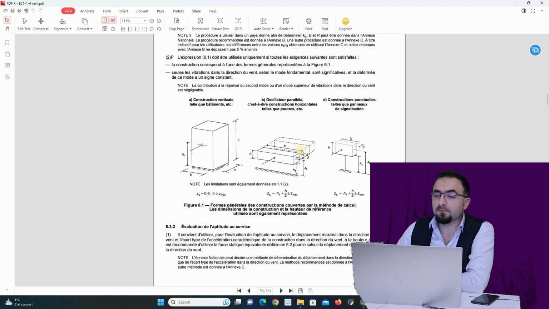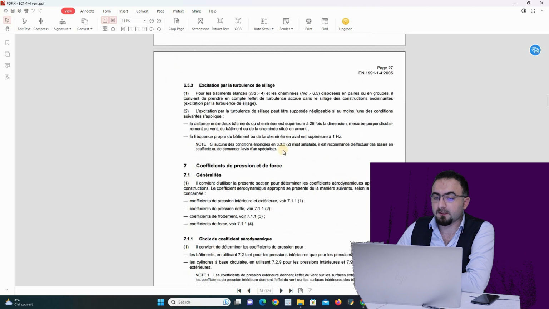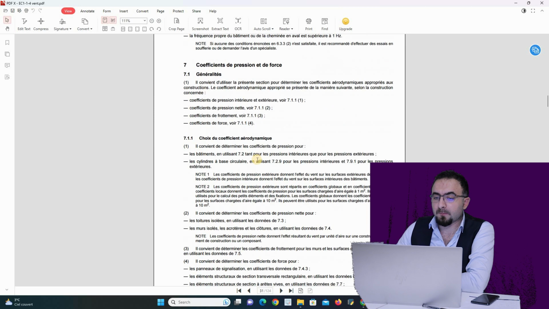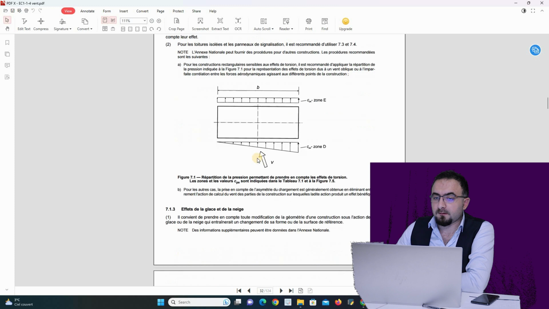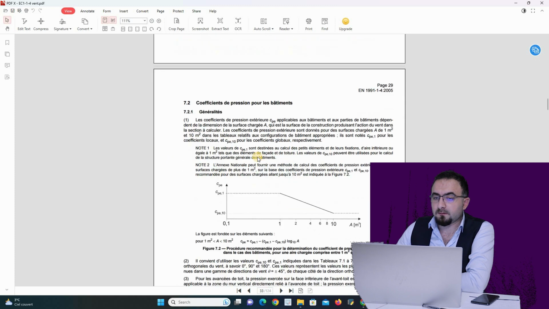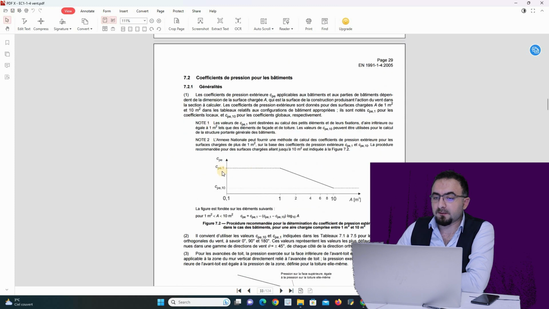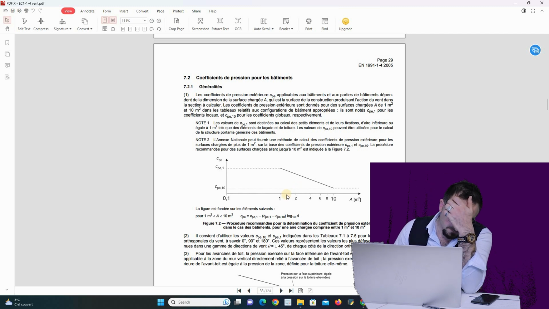We have many shapes of building, and we have determined them too. In many cases the exterior coefficient and the interior coefficient can be 1, or it can be 10.